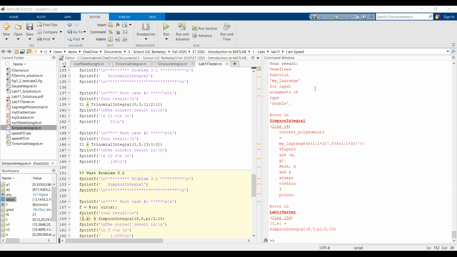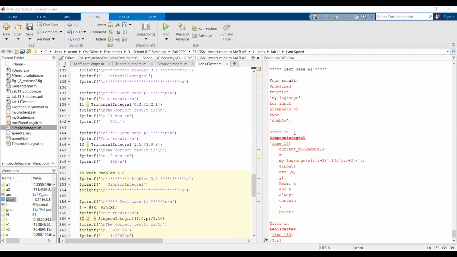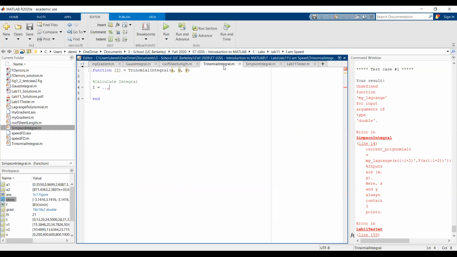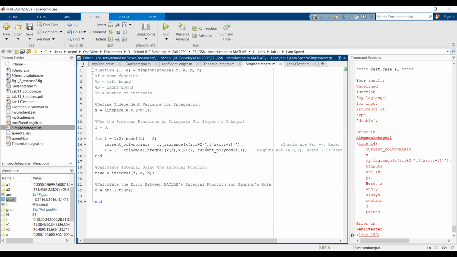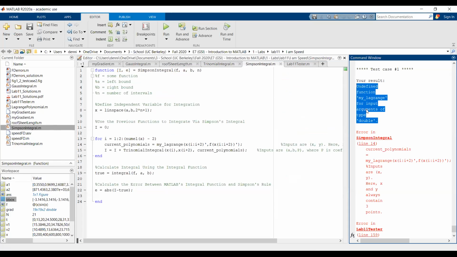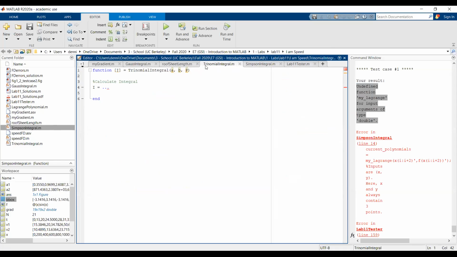Okay. Undefined my Lagrange. Well, let's just trust this works, because I need to move over my Lagrange. The reason I'm getting this error is because I don't have my Lagrange in my current folder. I need to find that though.